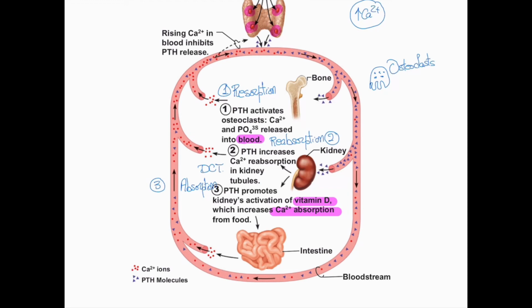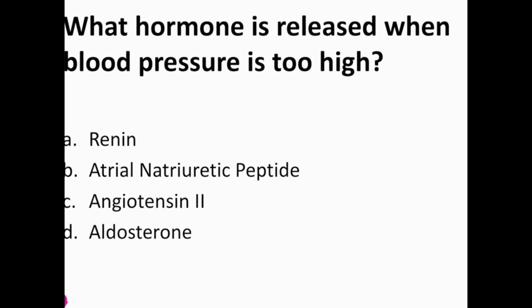So what hormone is released when blood pressure is too high? Would you release renin? No. Why? Renin converts angiotensinogen into angiotensin 1 that becomes activated into angiotensin 2 that increases my blood pressure. So actually I will be releasing renin in case of low blood pressure, not high blood pressure. Angiotensin 2 increases the blood pressure by 5 different means.